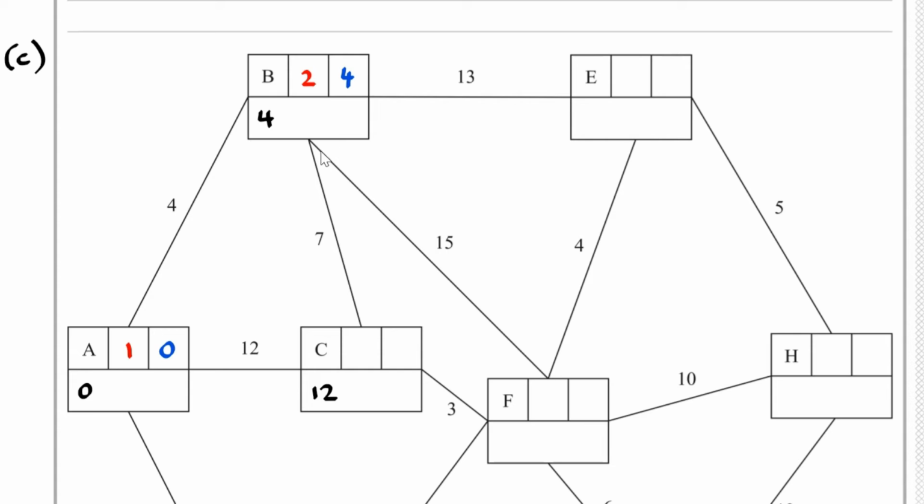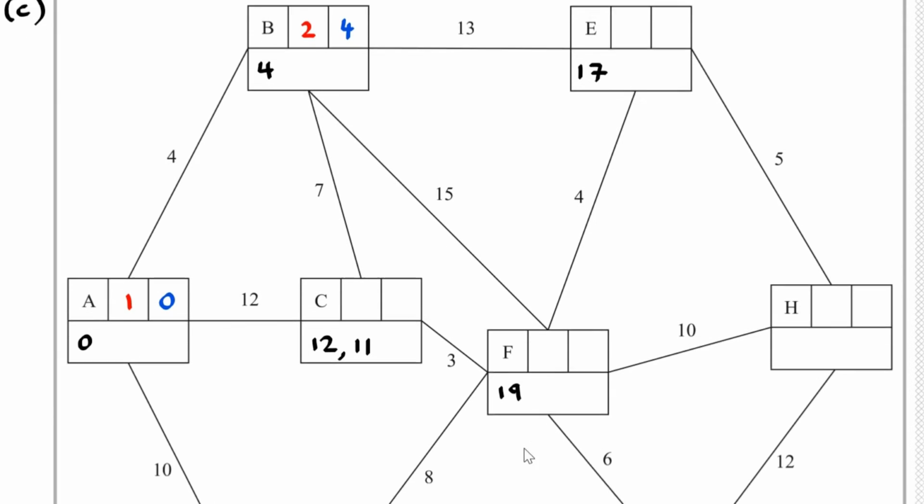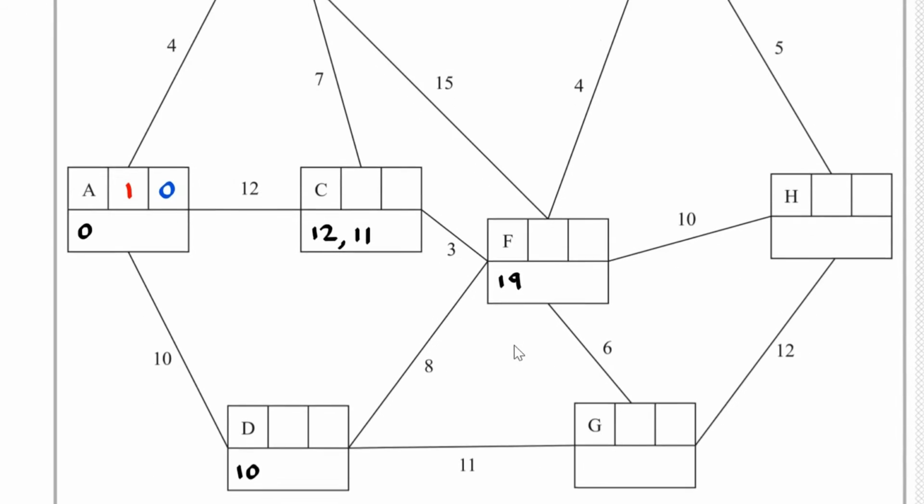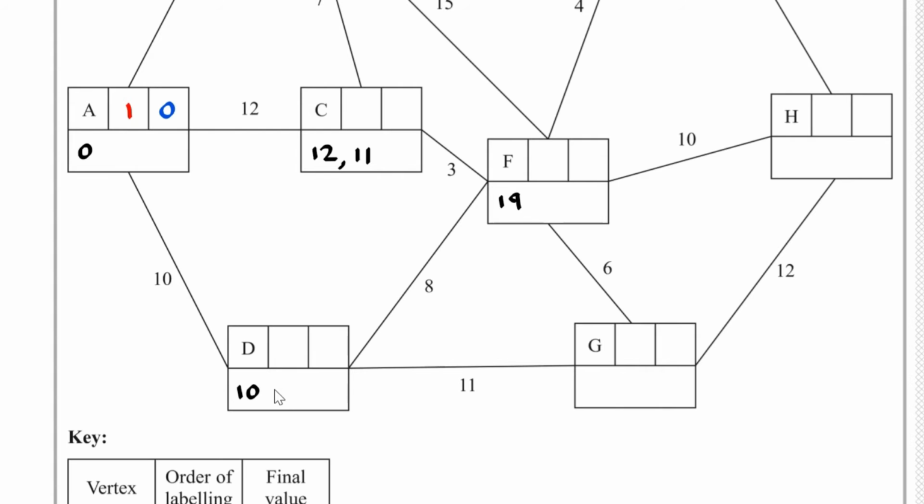Now, working from B, 4 plus 13 is 17. 4 plus 7 is 11. 4 plus 15 is 19. So now if I compare the 17, the 11, the 19 and the 10, you can see 10 is the smallest one. So 10 goes here.